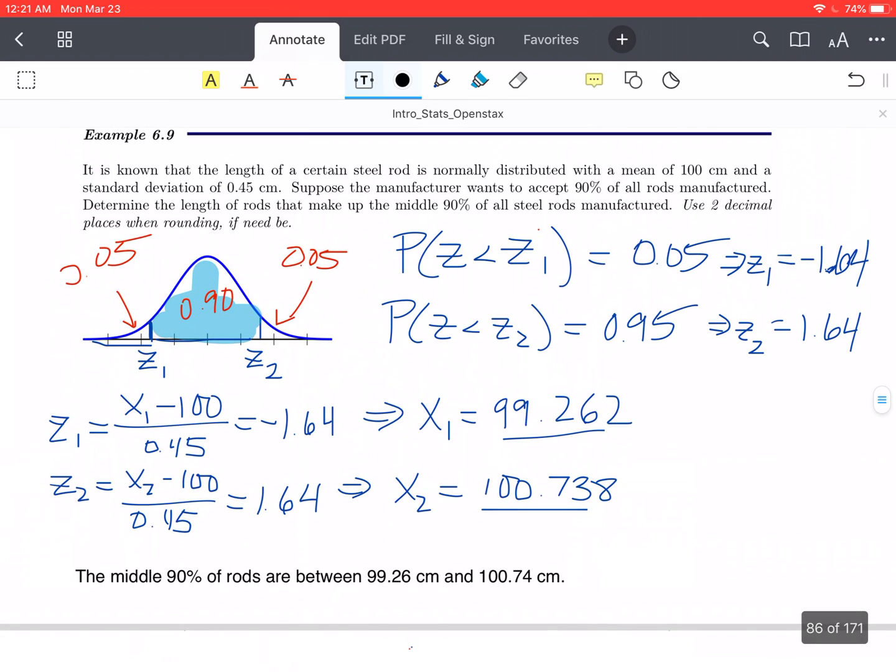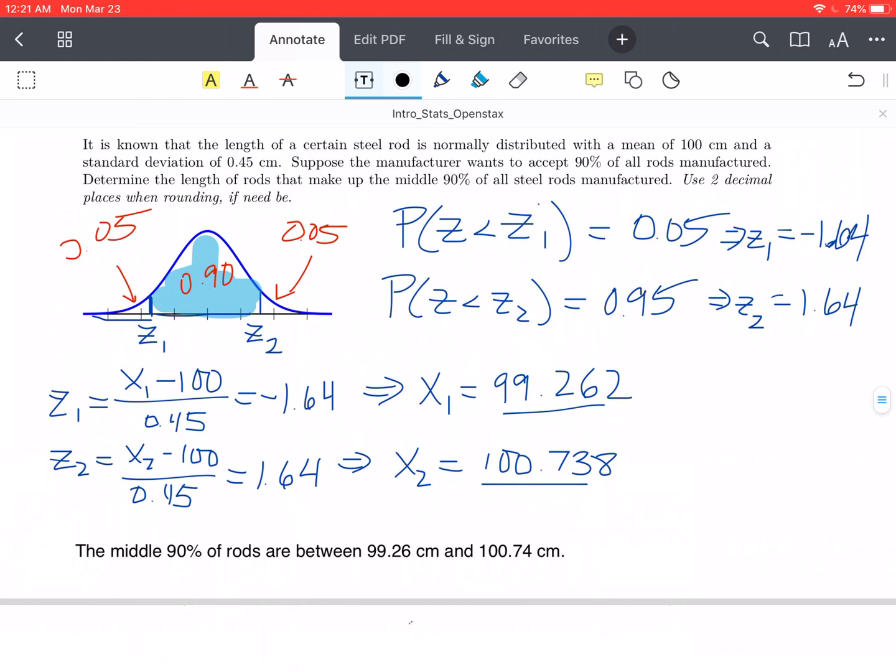So if the manufacturer only wants to accept the middle 90%, they want to get rid of any values that lie outside of that because maybe they're not up to the specs they need, they would reject anything that's outside of that, so lower than 99.26 or longer than 100.74.